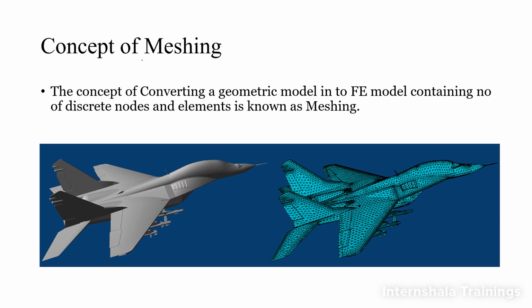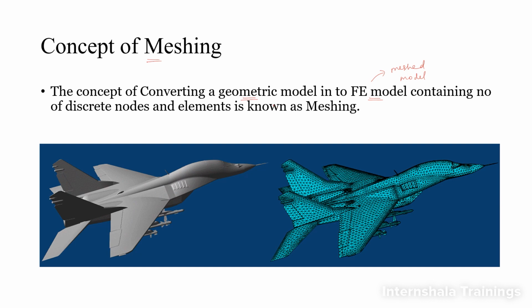Then what is meshing or concept of meshing? So before going to the concept of meshing, we will see what is a geometric model, what is a FE model, or let us say this FE model can also be called as a meshed model. So what is a geometric model?